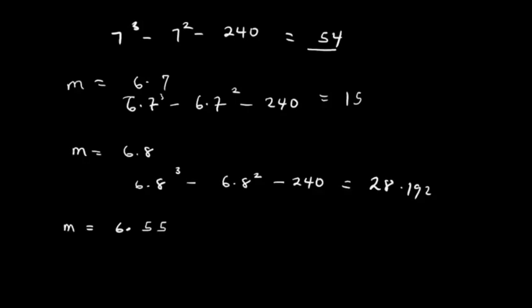Okay. 6.55 cubed minus 6.55 squared minus 240. We have negative 1.891.